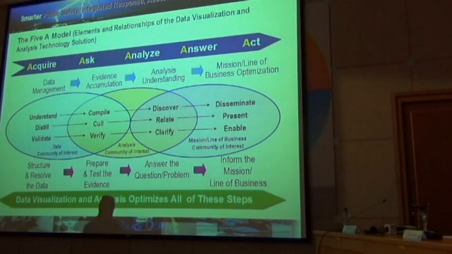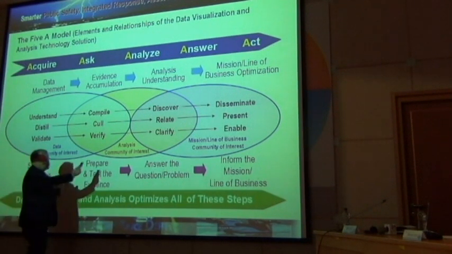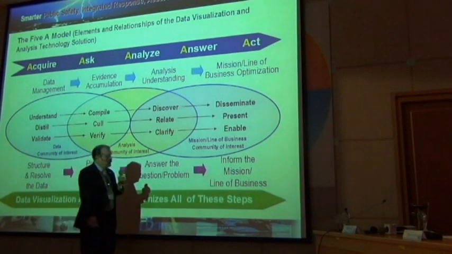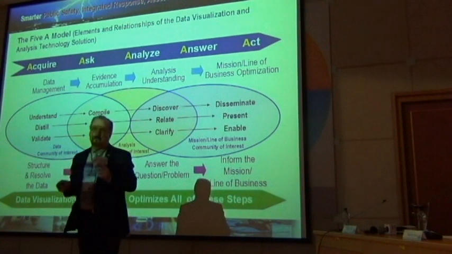And in order to get that, to get left of criticality or left of boom, I have to do it pretty fast, which means my IT info people, my data community of interest, my analysis community of interest, and my mission community of interest have to see the same thing.